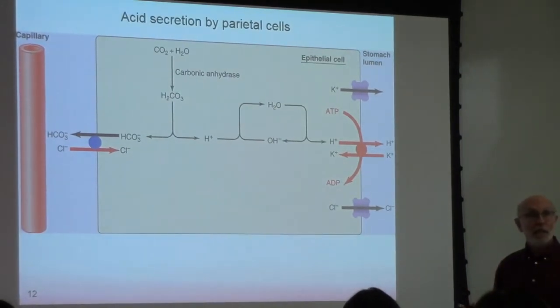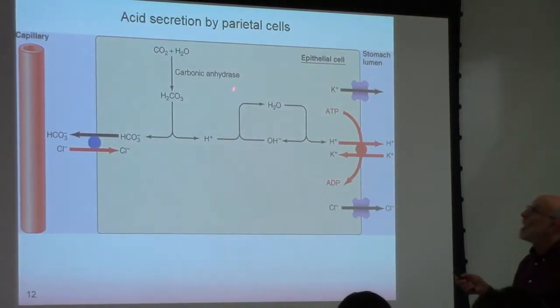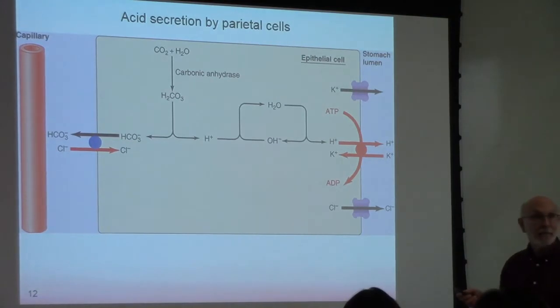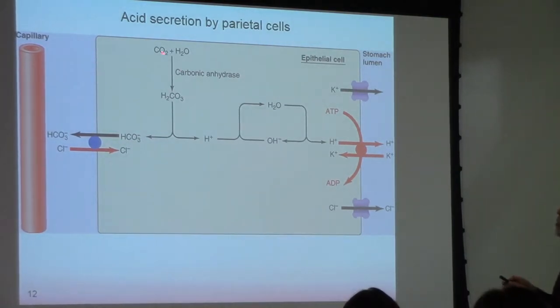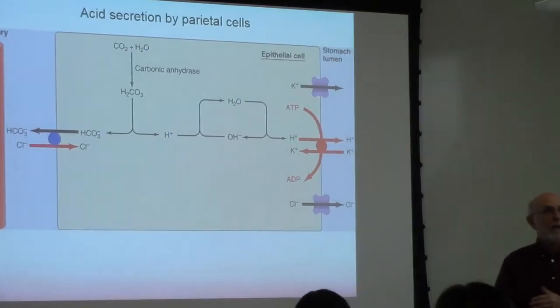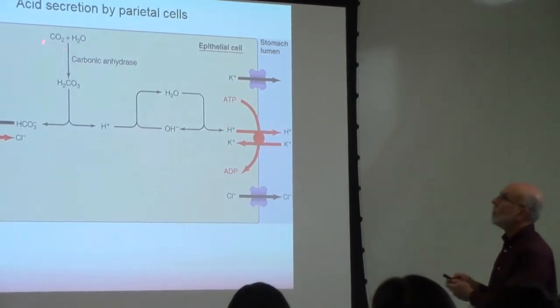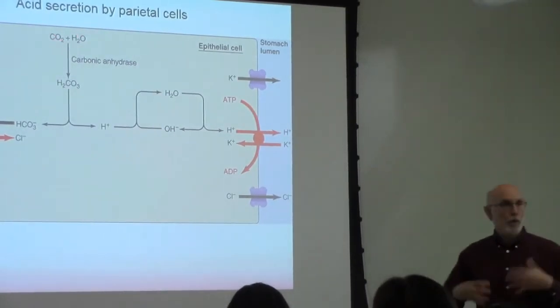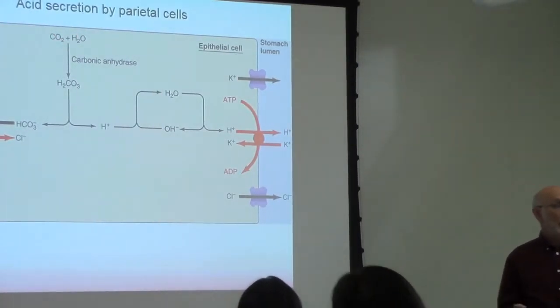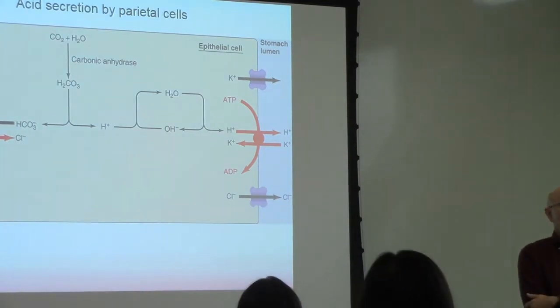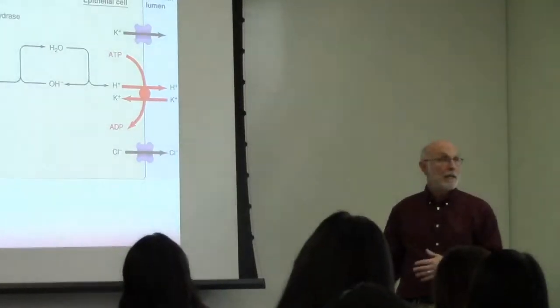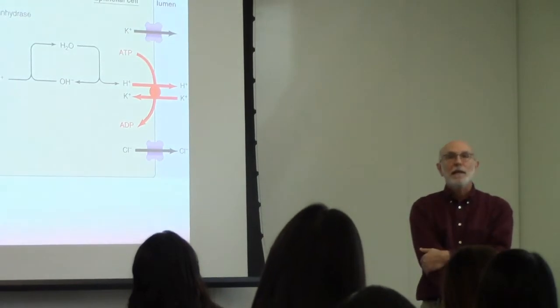The acid that we secrete comes from carbonic acid. So you've seen this before. Carbon dioxide, which is at 40 millimeters of mercury partial pressure normally, diffuses everywhere. Remember, it's in the blood. It's in arterial blood at 40 millimeters of mercury, but arterial blood is perfusing these cells.